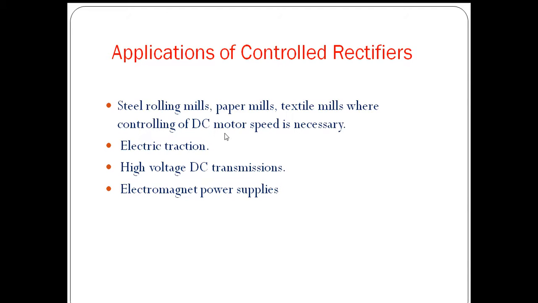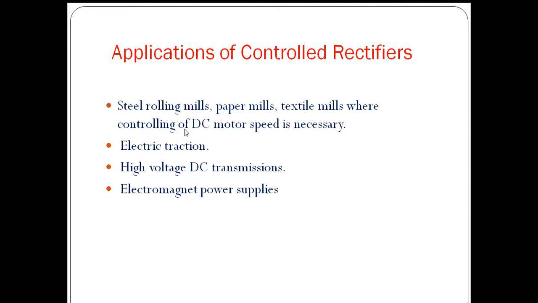So whenever we require constant speed operation or variable speed operation of the motor, we use DC motors.